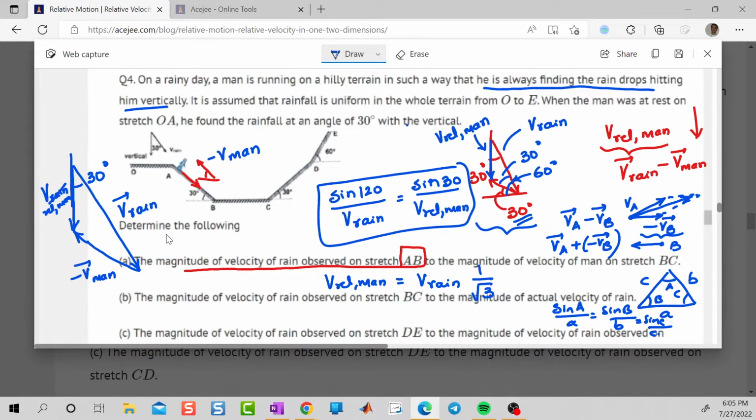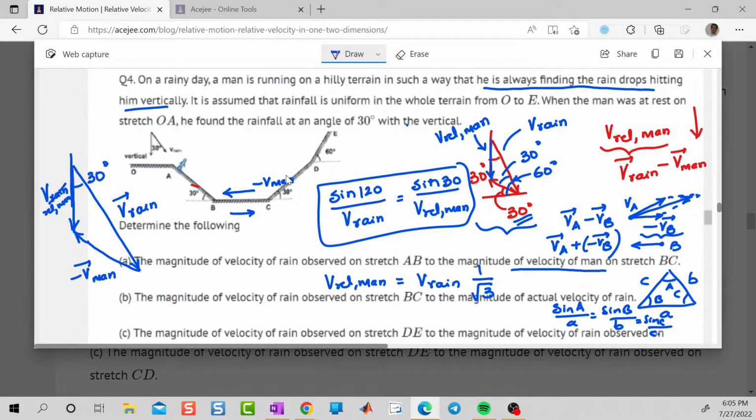Now let's look at the stretch BC. It says magnitude of velocity of man on the stretch BC. Okay, there is a lot of clutter here, but I think we can still manage. So on BC, I'm going to erase this. So here, V man is in this direction.